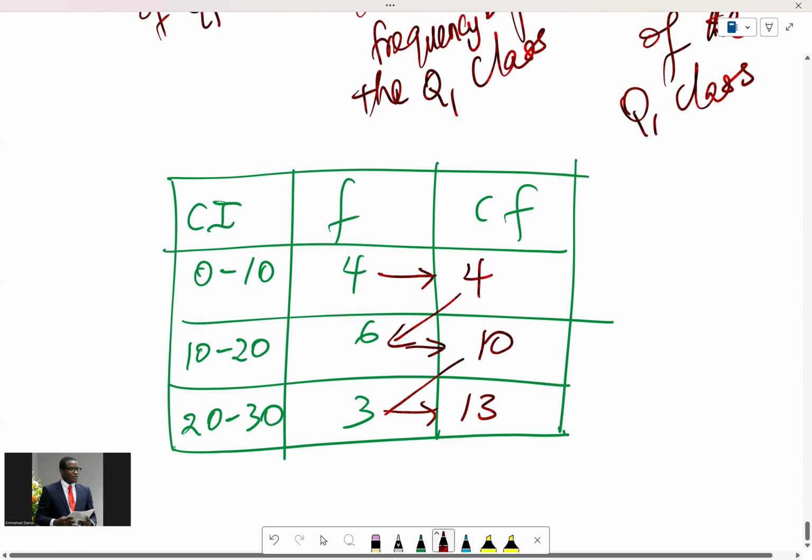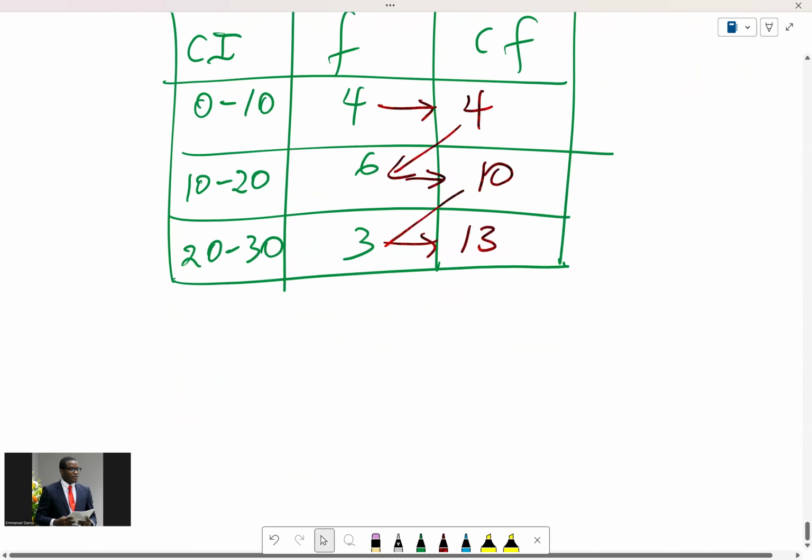So for Q1, before we even find Q1, we need to determine the class.